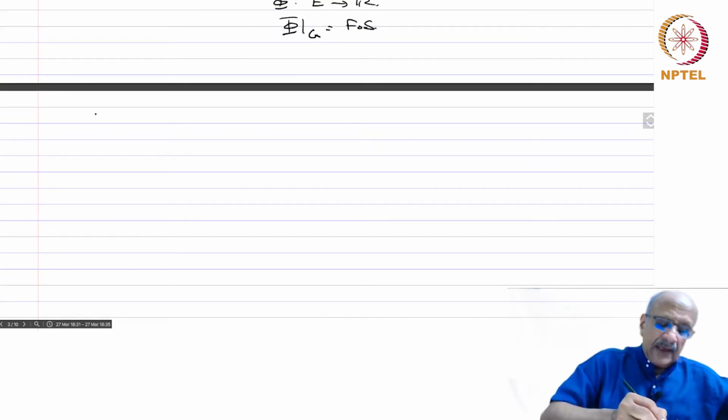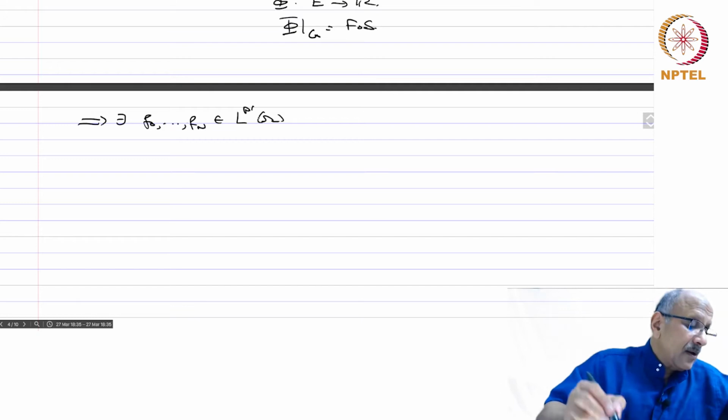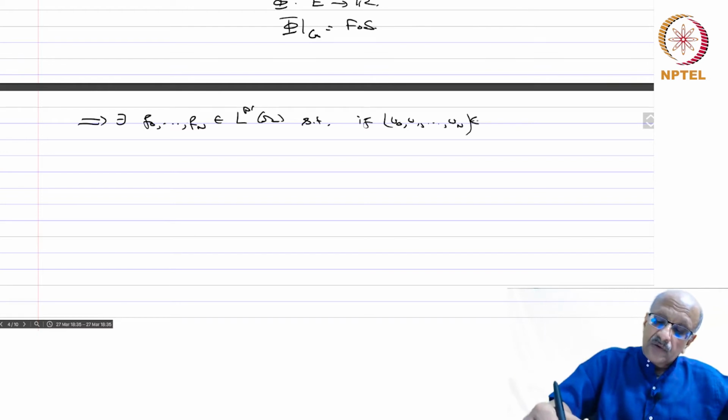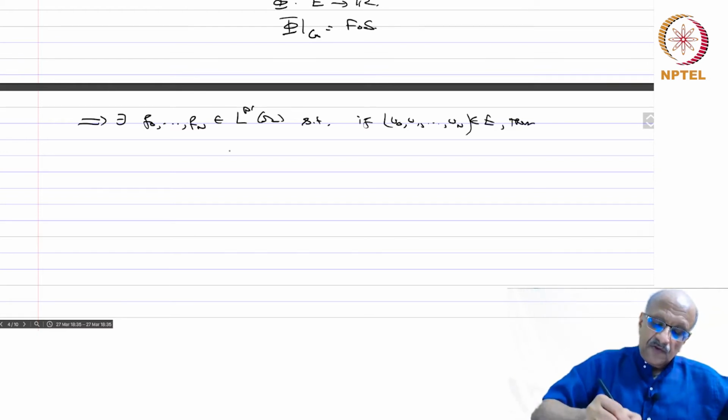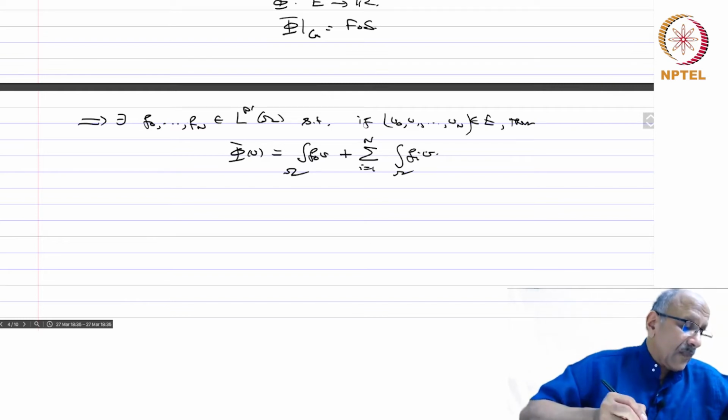But E is what? L^p to the power n+1. So this implies there exist f_0, f_1, ..., f_n belonging to L^{p'}(omega) such that if v = (v_0, v_1, ..., v_n) belongs to E, then phi of v, because it is just the Riesz representation theorem, is the integral over omega of f_0 v_0 plus the sum for i equals 1 to n of the integral over omega of f_i v_i.